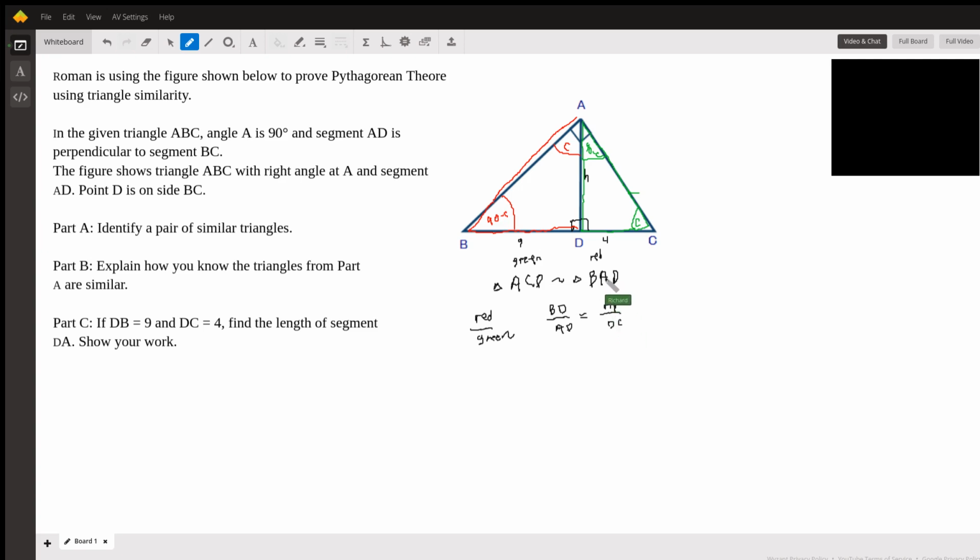Red AD is the last two, and this is the last two here. CD, I'll call it. You see that?